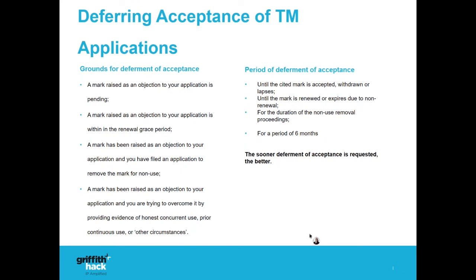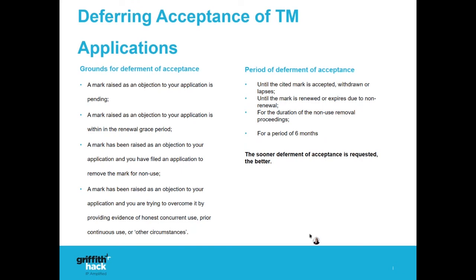And then if you've got another cited mark that's within the renewal grace period, you can request deferment again. So it's quite a good way of really extending the time that your application is pending, where at the moment, if you've got budgetary constraints and you don't want to allocate any expenditure to overcoming those objections, there's a number of ways that you can defer the acceptance.